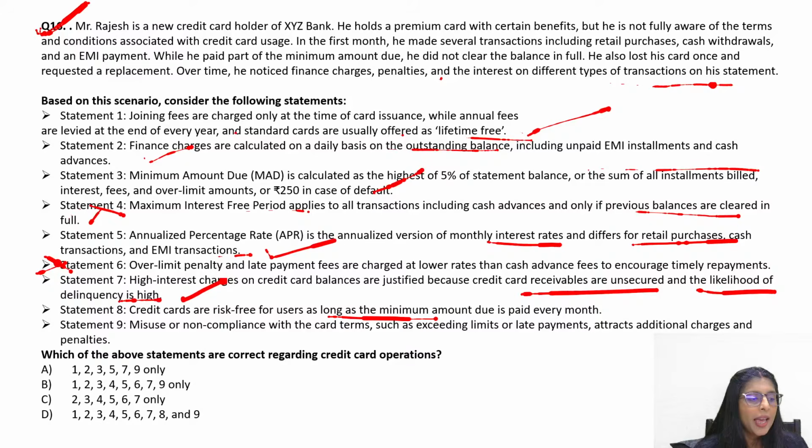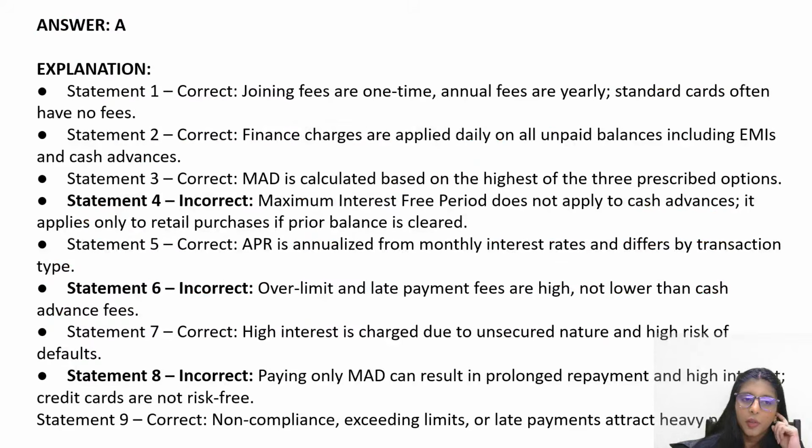Statement 9, misuse or non-compliance with the card terms, such as exceeding limits or late payment, attracts additional charges and penalties. Yes, correct. So which are the correct statements? 1, 2, 3, 5, 7, 9 are the correct statements. That is, option A is the right answer.